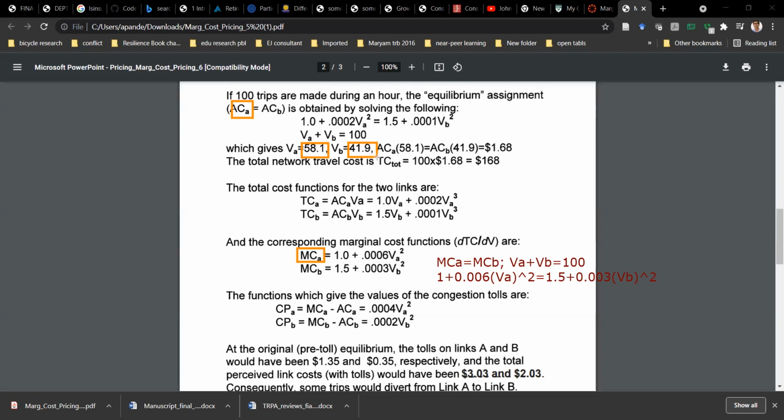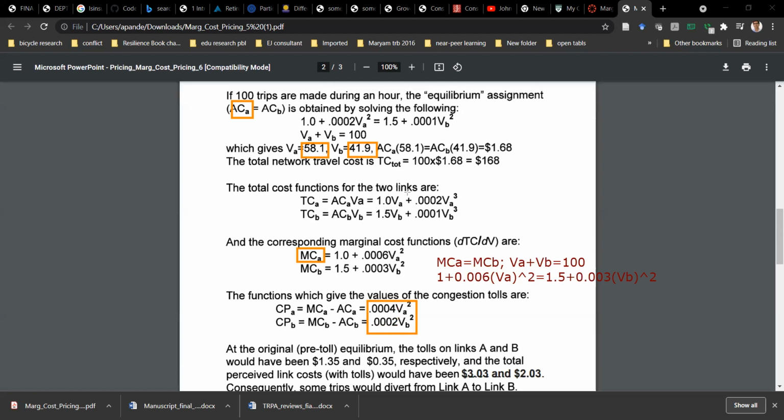In the pre-toll equilibrium, the toll on route A and route B will be based on these numbers, because remember, route A is more heavily used and route B is not as heavily used.